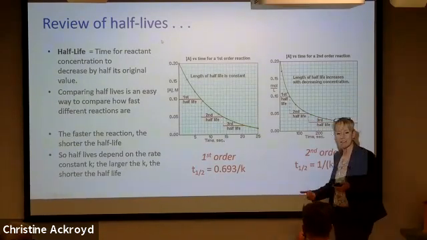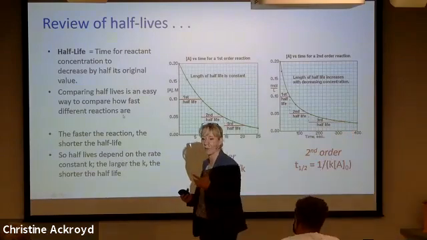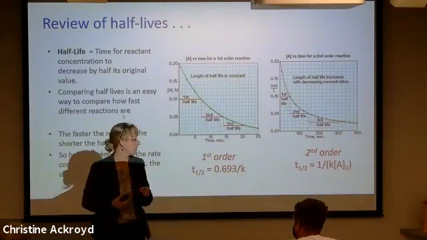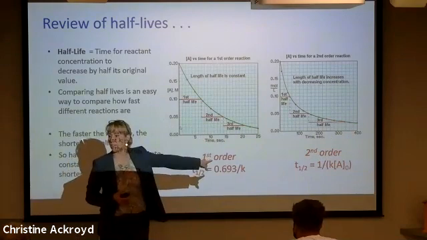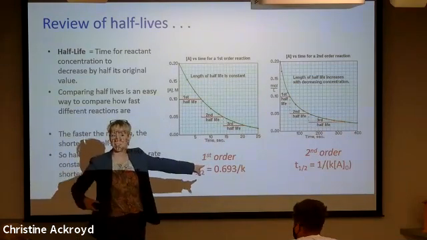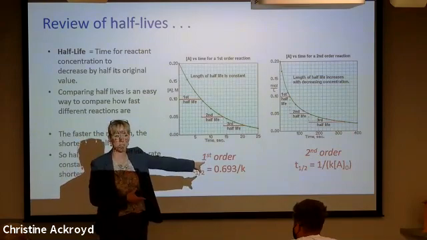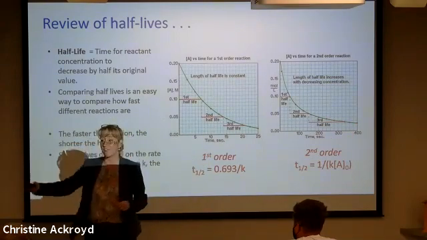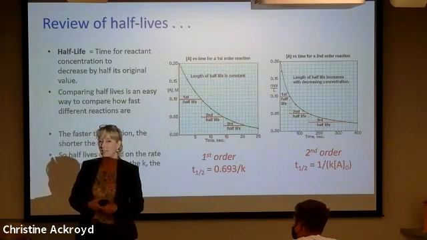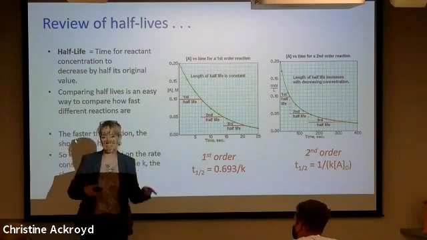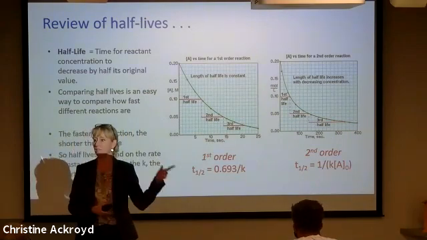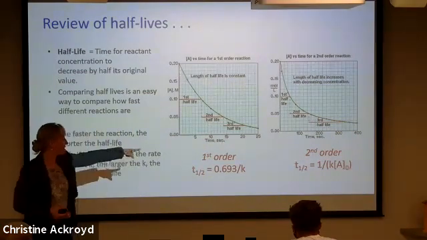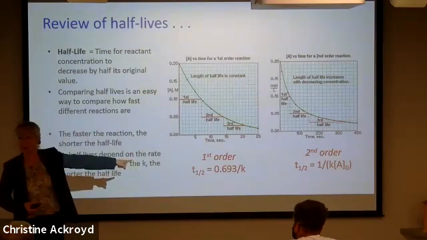After the first half-life, how much of our starting material do we have left? Half. What does that do to our second half-life? It makes it twice as long as the one before. And then the third half-life is twice as long as the second half-life and 4 times as long as the first half-life. Because that's what the equation says if you think about how to read it.